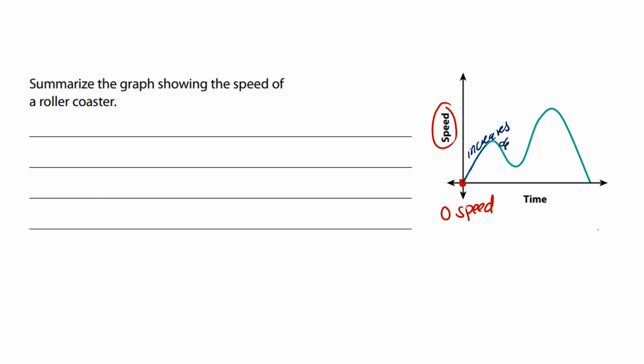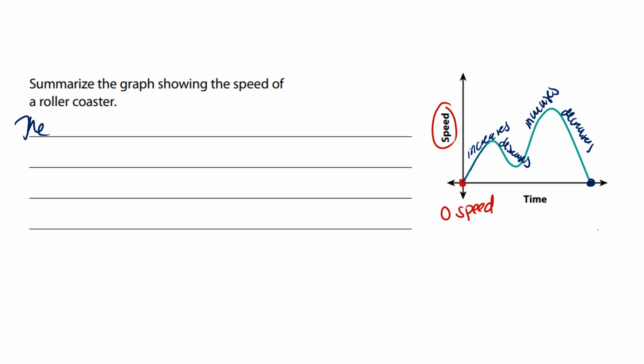It decreases speed, most likely as it goes uphill. It increases speed as it goes down the hill. And then it decreases speed until it stops back at the station. We're going to take that information from the graph and we're going to create a story to fit it.